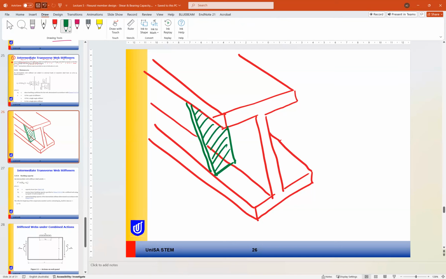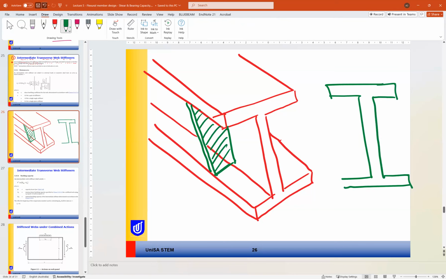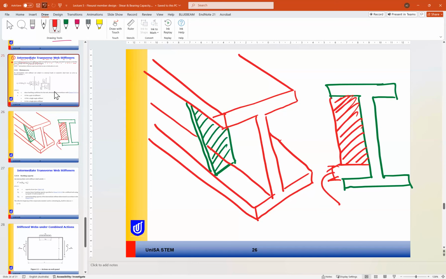Okay. And the standard mentions, if we look at the elevation, this stiffener can stop, it doesn't need to reach the flange. So it can be something like this. Okay. How much this distance is, or what the maximum distance is, if you look here.